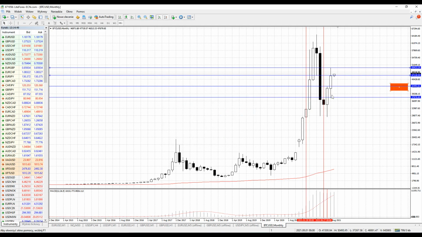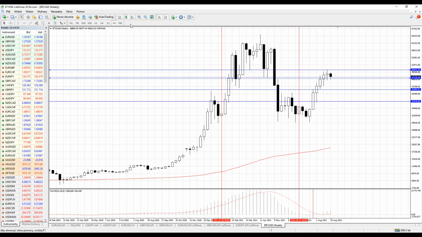Do we have a chance to see lower levels when it comes to the crypto? Well, in my opinion, yes, we do have. Why? Because of what we have on a weekly chart. So in that case, we are going to make some kind of adjustment to the chart.